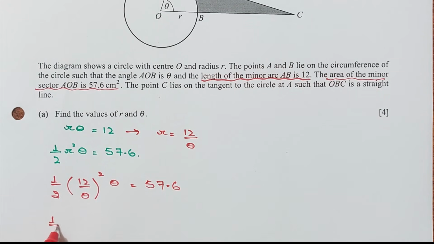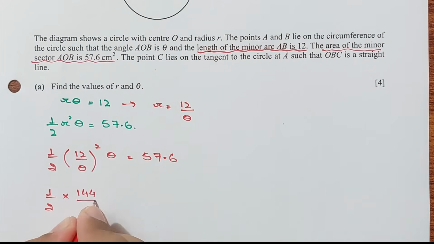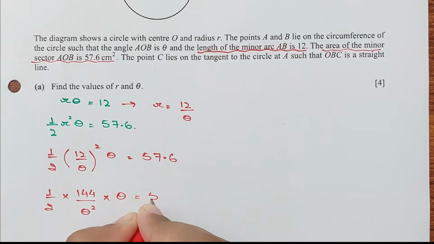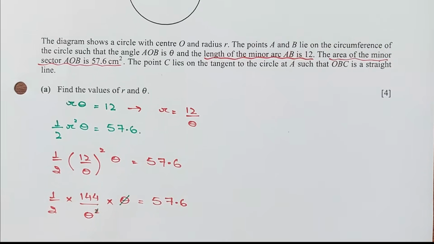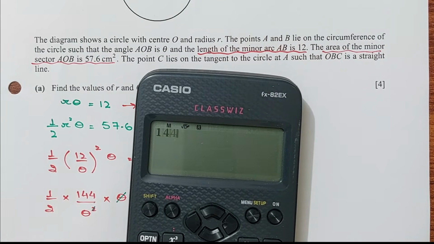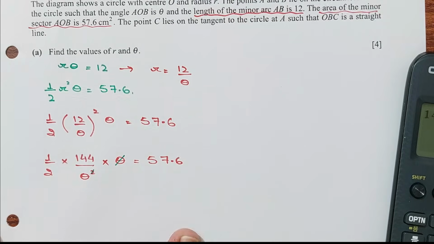So this is 1 by 2, 12 square is 144, and theta square into theta, this is 57.6, right? So this theta and this theta cancel out, and 144 divided by 2 is 72. So we have 72 divided by theta, this is 57.6.